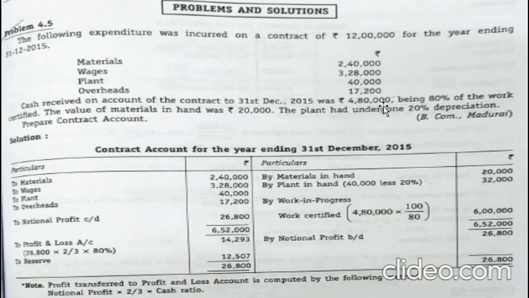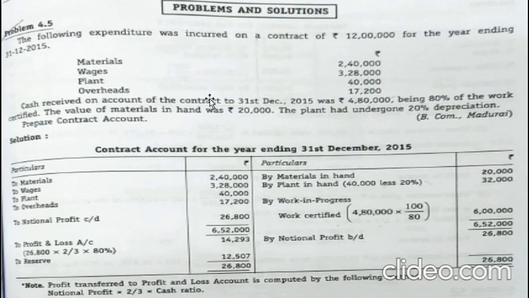So cash received is 4 lakh 80,000, being 80% of work certified. The architect has approved and certified the work, and 80% of that work certified is the cash you have received, 4 lakh 80,000.